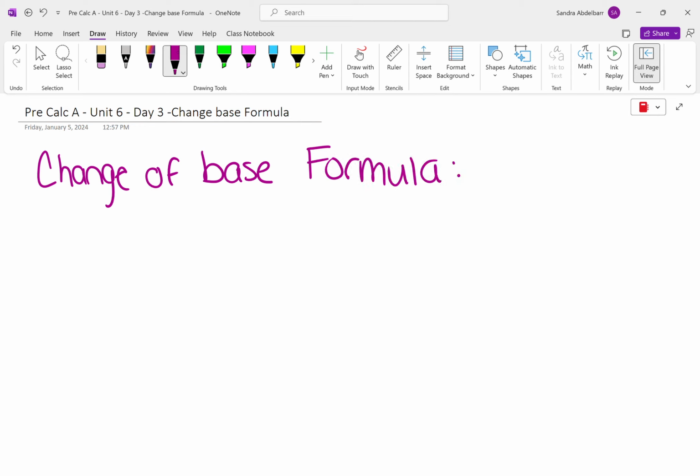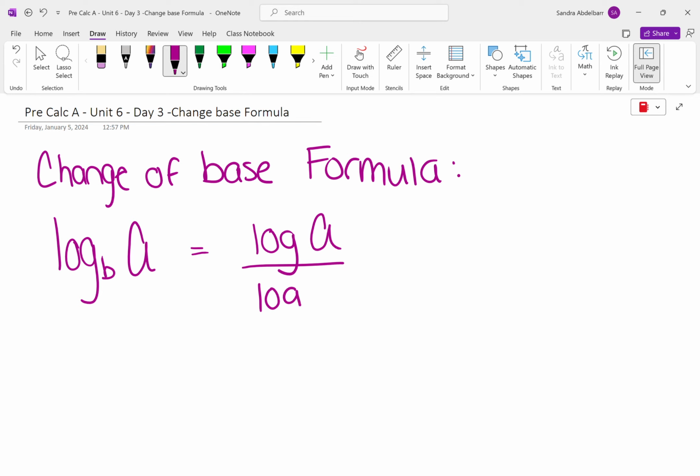So the change of base formula tells us, if I have log base b of a, we can change that into log of a over log of b. Why is this helpful?